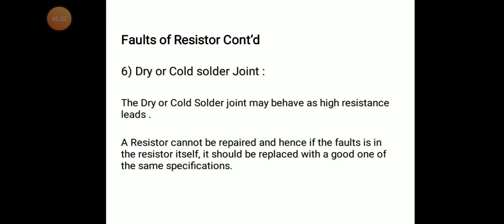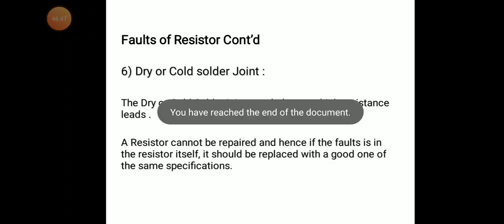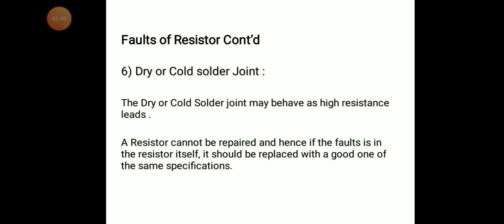If the solder joint has high resistance with respect to the resistor, we need to replace that resistor with another of the same specification. So like this we have a total of 6 faults that occur in resistors.